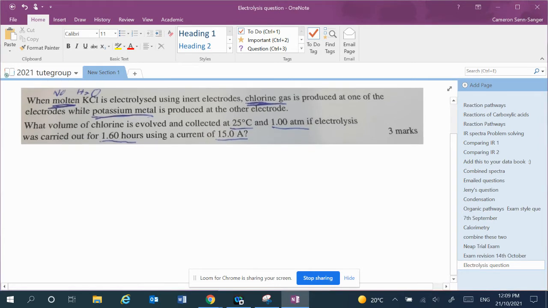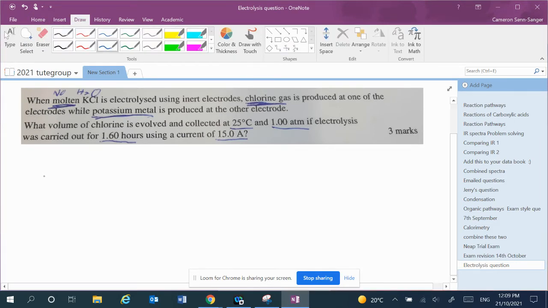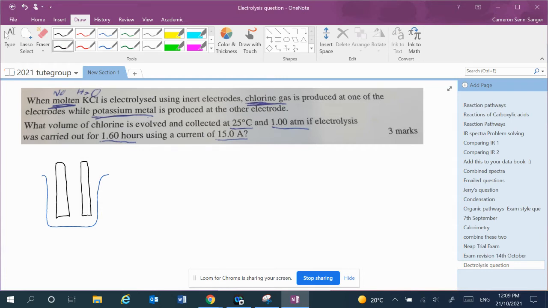As we go to do this question, a really nice way to start out is probably just to draw the setup. Essentially, here's a beaker. In that beaker, we have two electrodes, and then they'll be joined.